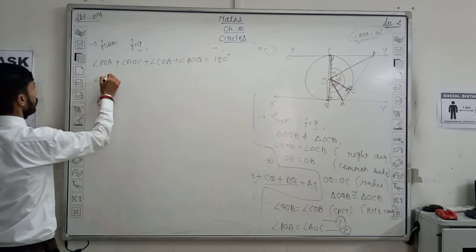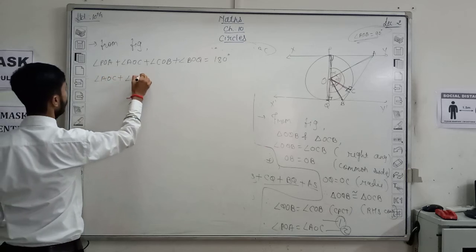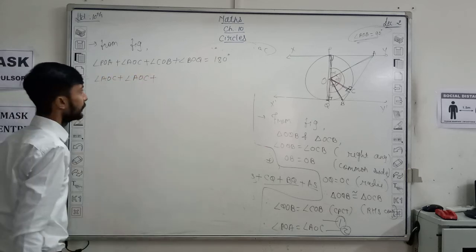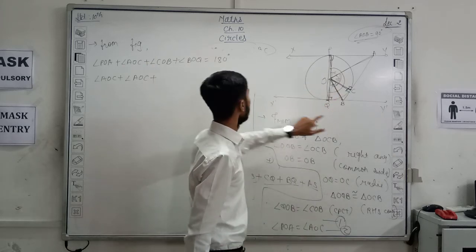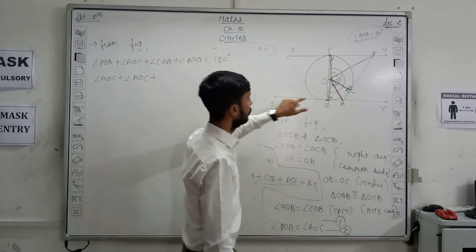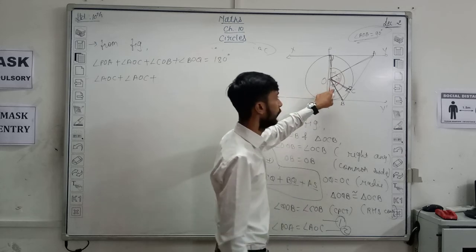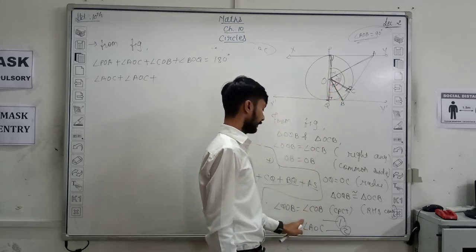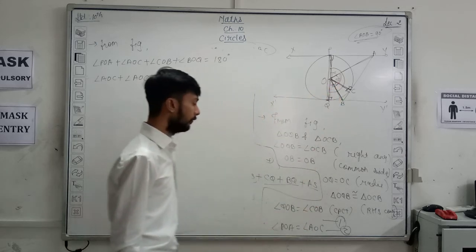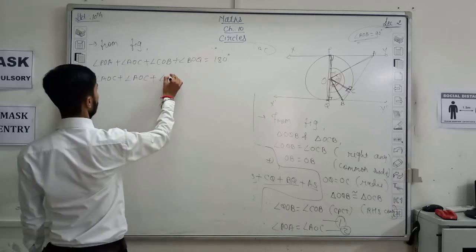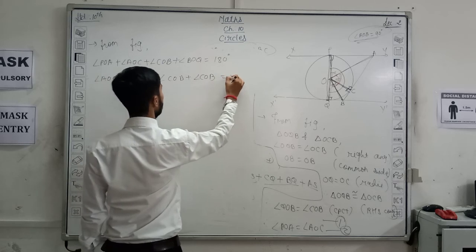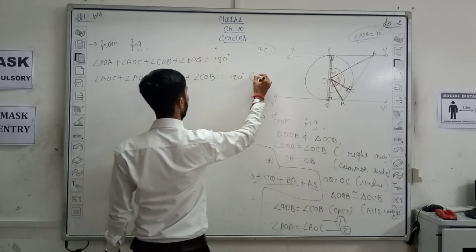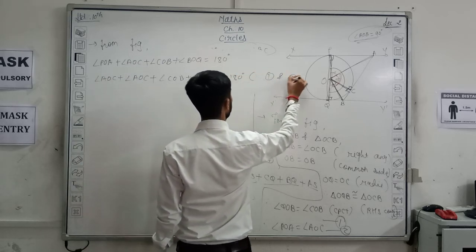So AOC plus angle AOC plus COB, and BOQ is not needed, so in place of BOQ put COB from 1, so COB plus again COB equals to 180 degrees from 1 and 2, right?